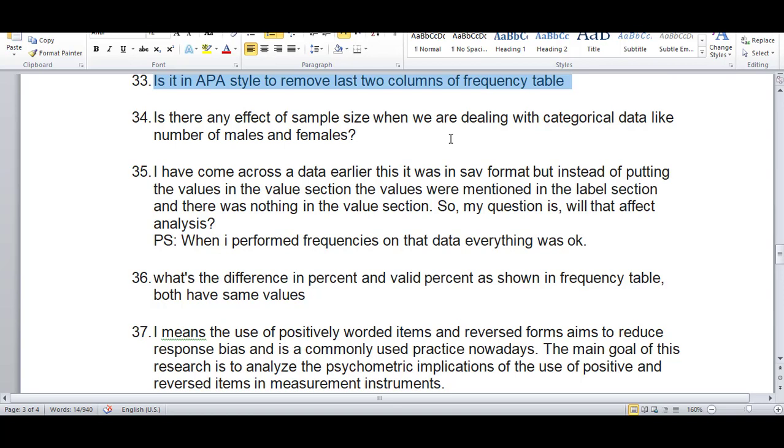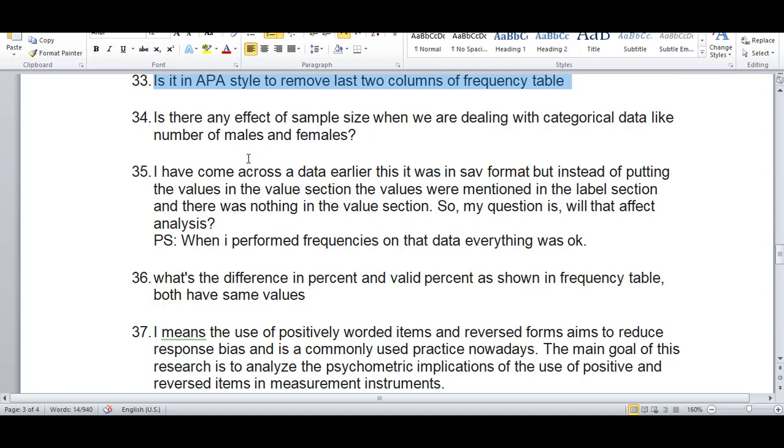If the size is too different, then it is not a good idea to analyze it using an independent t-test or other analysis. So ideally you should have male and female almost the same or just a minor difference, maybe 10 male 12 female or 100 male and 150 female, it's good. But if the males are 20 and females are 300, then the result will be biased and you cannot compare it logically.